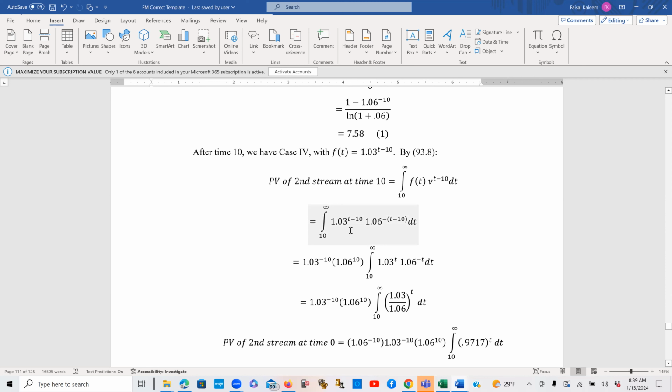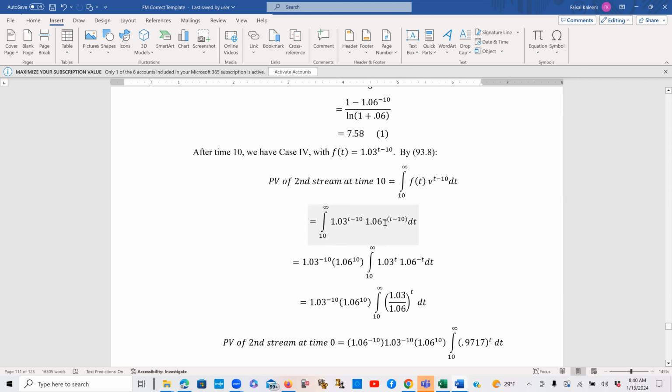And the 1.03 to the t minus 10 can be broken into 1.03 power t and 1.03 to the negative 10. So we pulled out the 1.03 to the negative 10, which is a constant. A constant can be pulled out from the integration. And the 1.03 power t stays inside the integral.